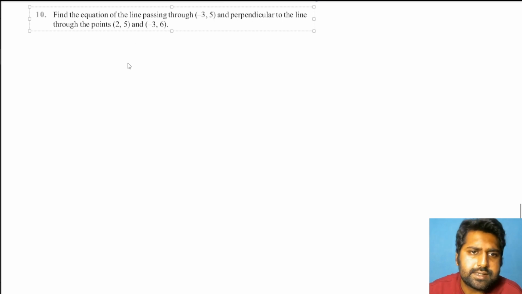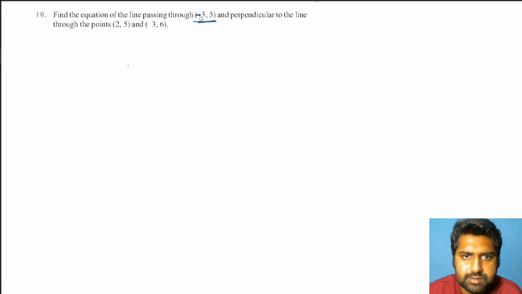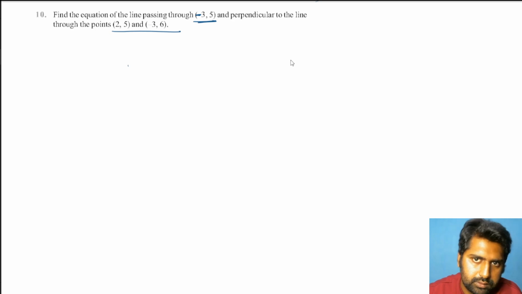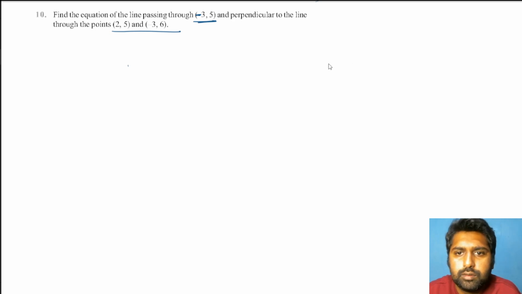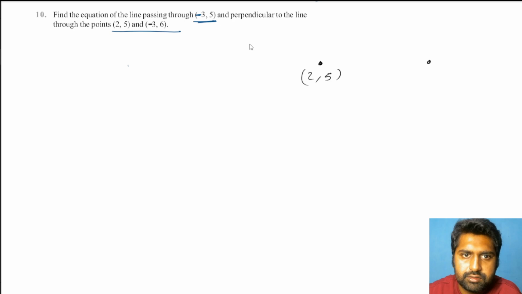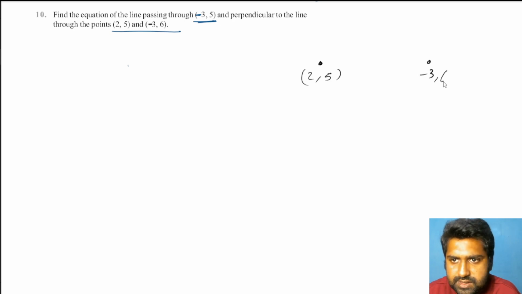Next question says that you have to find the equation of a line passing through minus 3 comma 5, perpendicular to a line passing through these 2 points. So for simplicity, we have 2 points, 2 comma 5 and minus 3 comma 6.